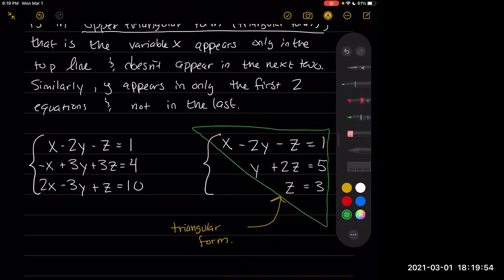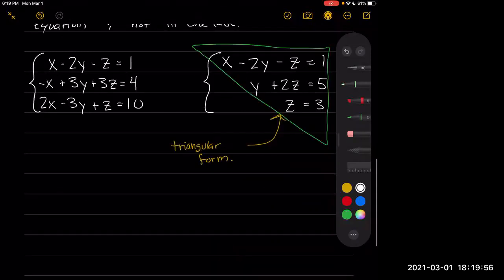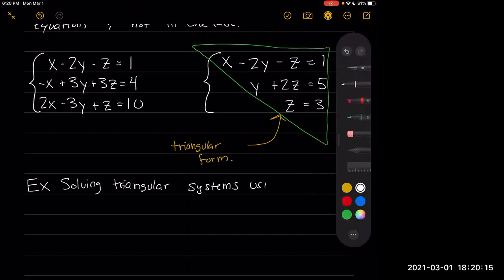Okay, so we're going to look at this example here: triangular systems using back substitution.